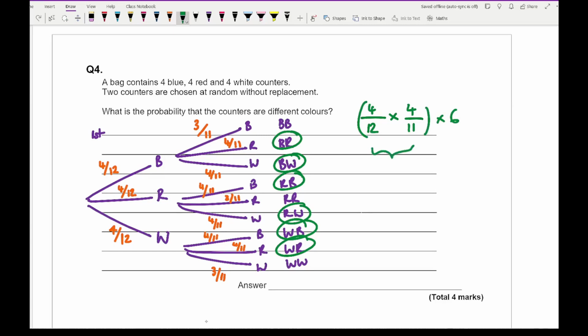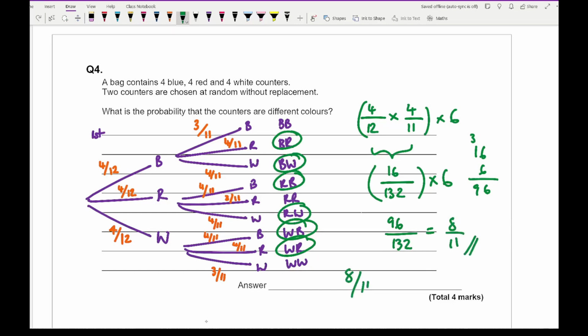So simplifying the fraction, inside the brackets, I've got 4 times 4, which is 16, and 12 times 11 is 132, and I then multiply that by 6, so 16 times 6 gives me 96. So it's going to be 96 over 132, and I can simplify that as being 8 over 11. So there is my final answer.